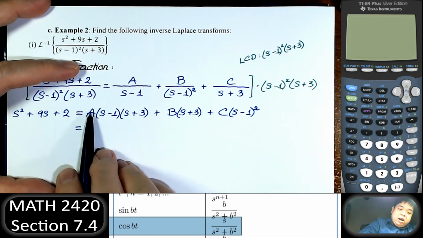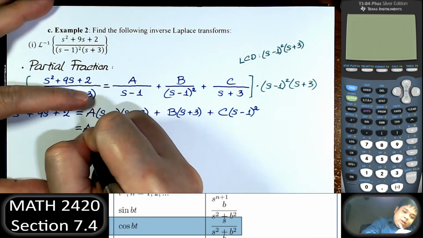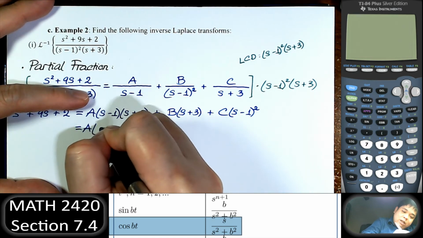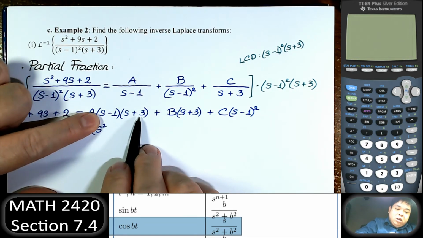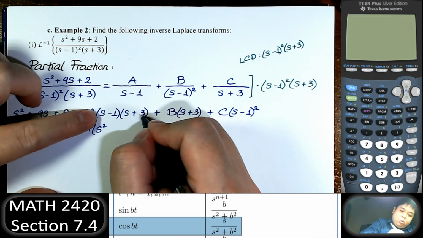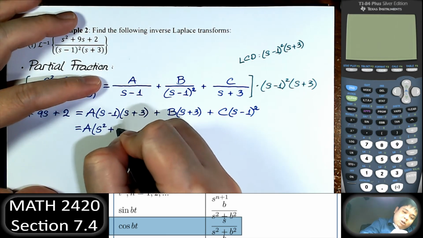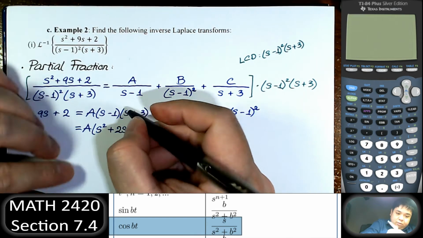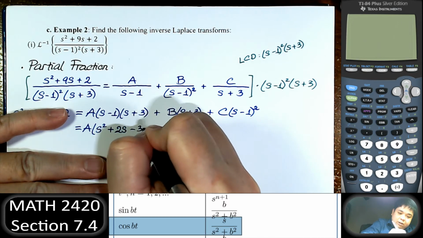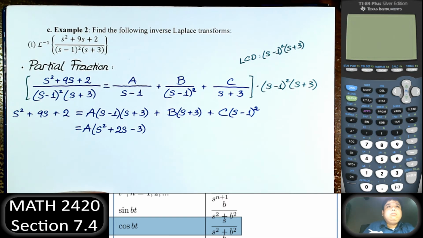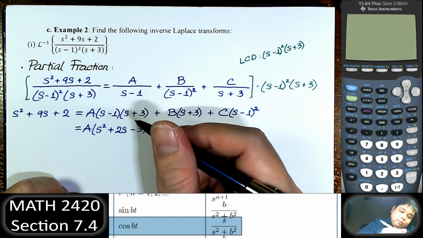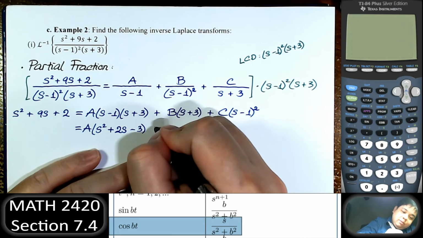Right, I'll multiply this out. (s minus 1)(s plus 3) is s squared plus 3s minus 2s minus 3, times A. Simple enough, right?